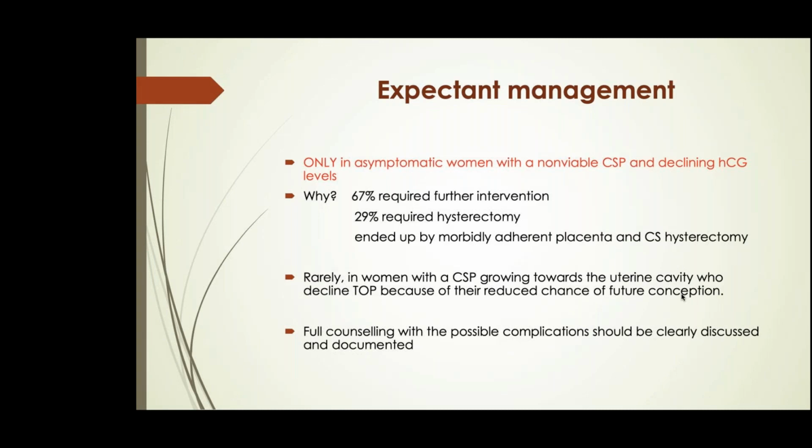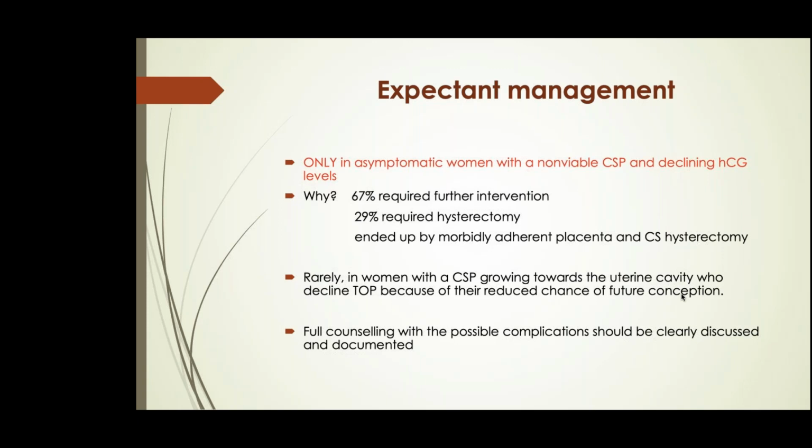So we'll start with the expectant management. When can you do expectant management for cesarean section scar pregnancy? Only in asymptomatic women with a non-viable scar pregnancy and declining beta HCG. You do the scan, you find a missed miscarriage or blighted ovum inside the scar, and you follow up by the beta HCG and it is dropping.